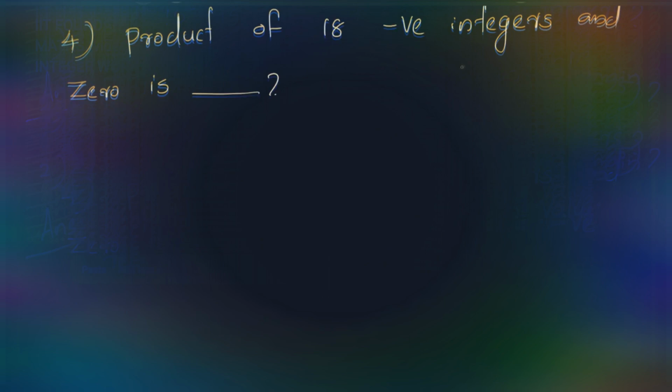Whatever the integer a may be, when multiplied with 0, its answer is 0. Any integer multiplied with 0, we get the answer as 0. So the number of negative numbers is not important here. The 0 taken is the important point in this question.